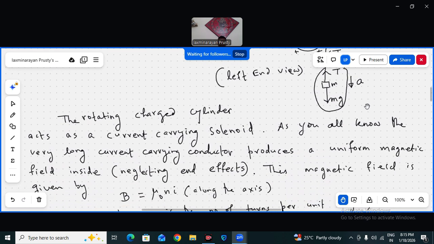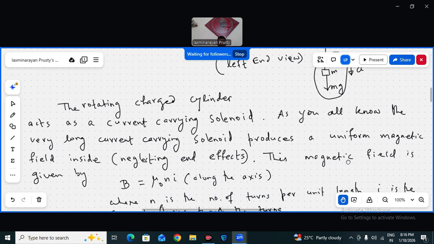As you all know, a current carrying solenoid produces a uniform magnetic field inside its volume, neglecting the end effects.